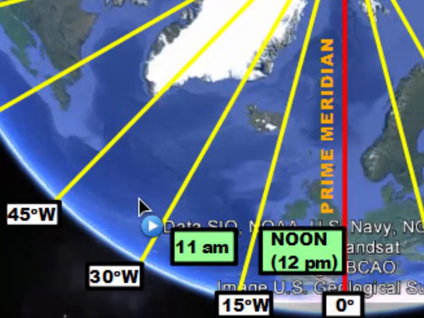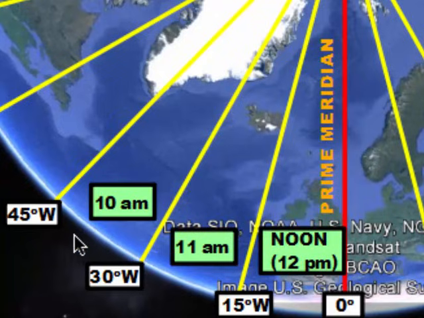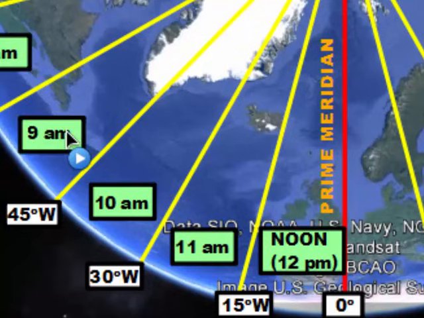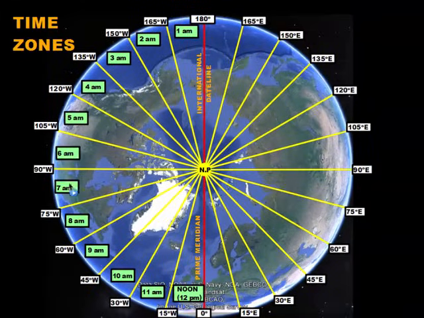So this time zone will be experiencing 10 a.m. And as I get to 45, that means I'm 3 sets of 15 degrees away. So I'm going to subtract 3 hours from my starting time of noon, and that's going to give me a time of 9 a.m. And as we go, every time zone, we subtract 1 more hour. That's how we determine time as we go west.